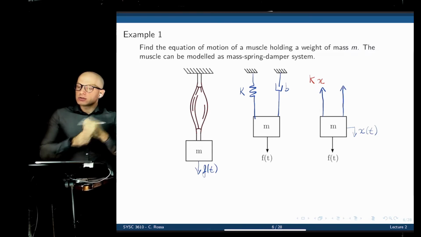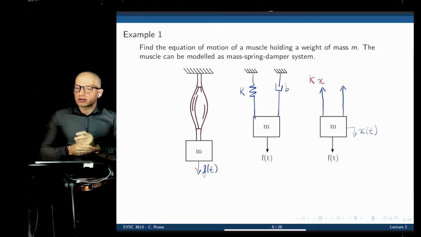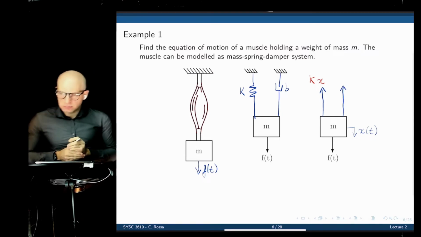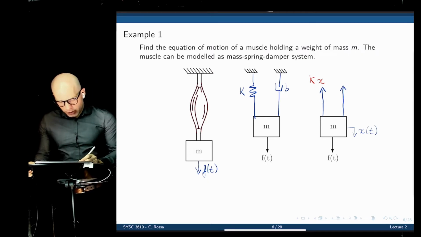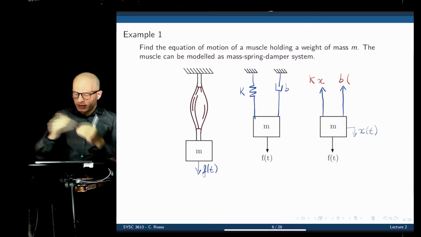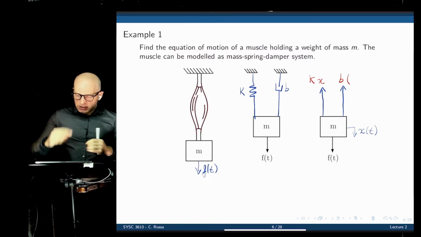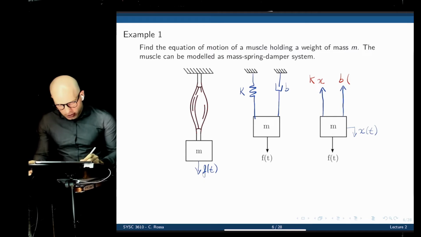Okay, now let's talk about the damper. What would be the effect of the damper? The damper's force equation would be B times (V2 minus V1). So it would be B times the relative speed of each side of the damper. The speed at the bottom is x dot.